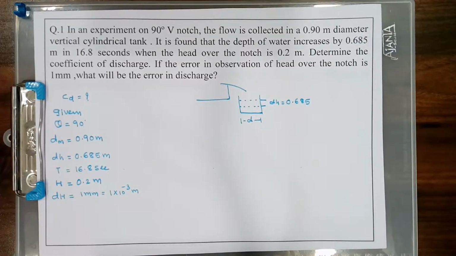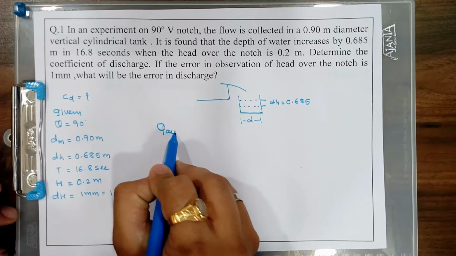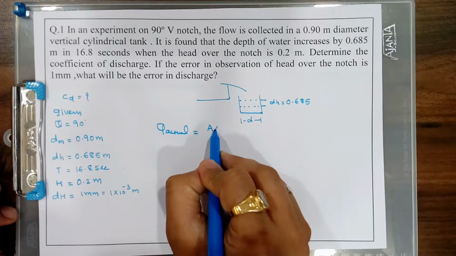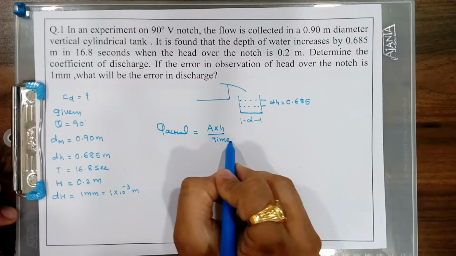So now students, we need to first calculate the actual discharge, and then the theoretical discharge, and based on the actual and theoretical discharge we can calculate the coefficient of discharge. So first we calculate Q actual. Q actual equals the area into the height difference divided by time of the measuring tank.